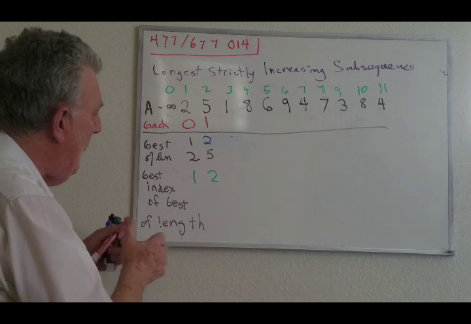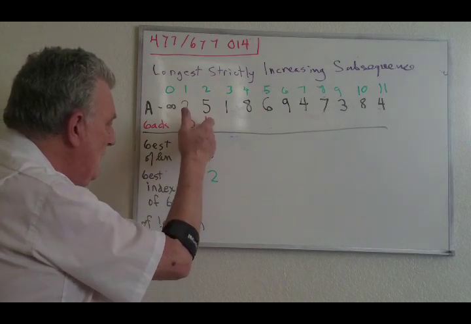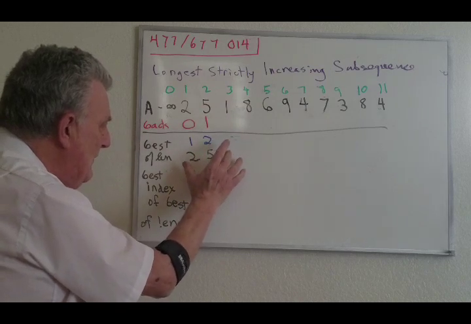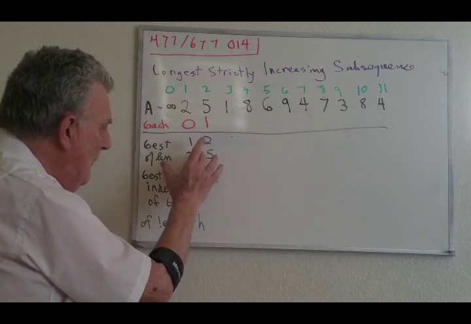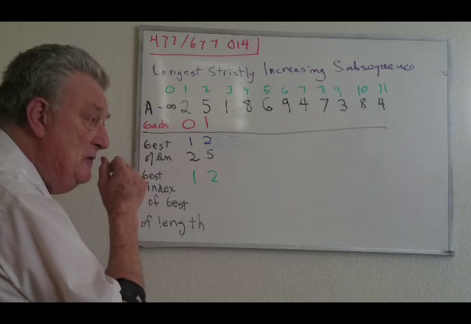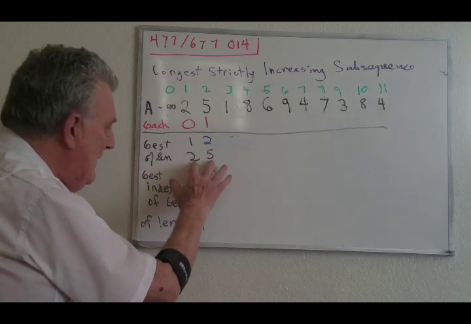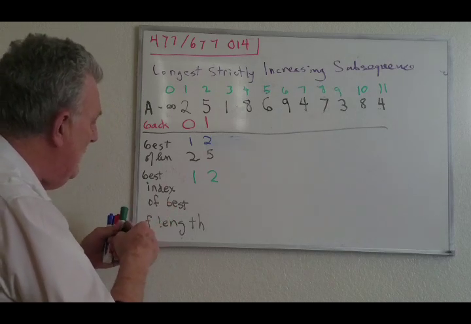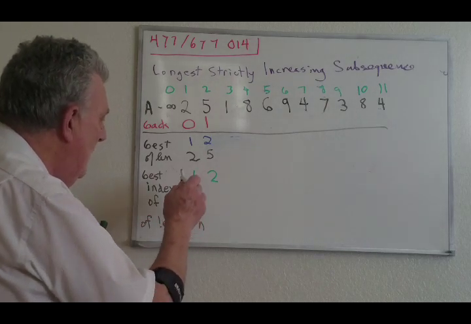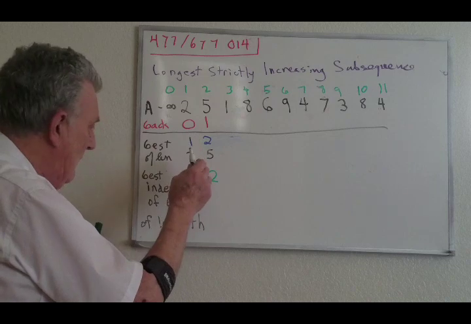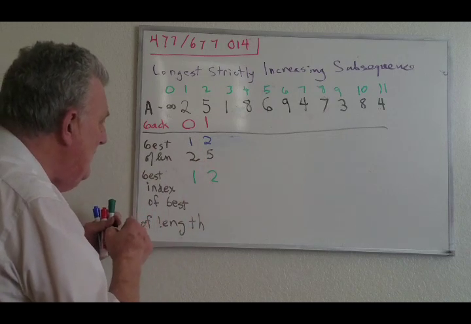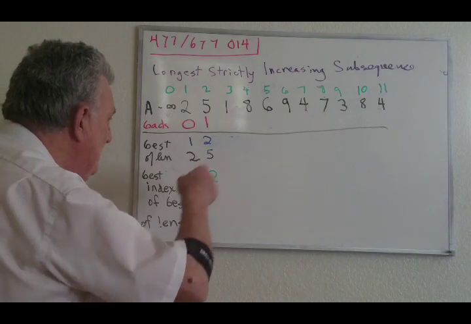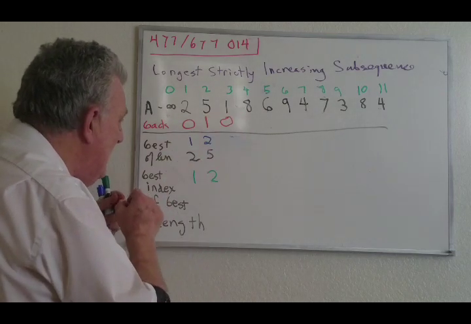All right, now, we're looking at this 1, and we observe that both of these numbers are larger than 1. So 1 can't follow either of these numbers. 1 can only follow 0. And so its back pointer would be 0. It can only follow the minus infinity.